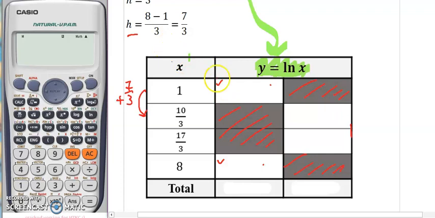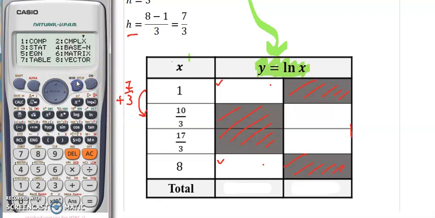Now it's time to make use of our calculator to get the answer fast and efficiently. We're going to use a built-in function in our calculator, where we go to mode and look for the table function. Different calculators may have different commands, but anyway, we're going to look for table.